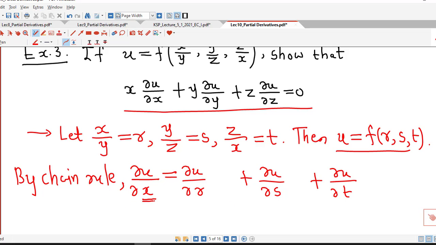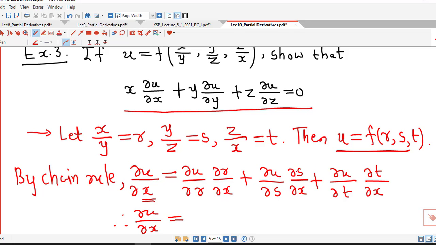Now we are differentiating with respect to x. So in the product we consider partial derivatives of RST with respect to x. So therefore del u by del x equal to, we don't know what is u, so we keep del u by del r as it is.